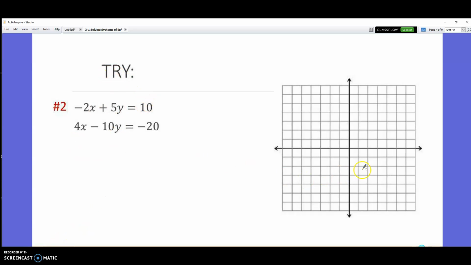Okay, if you did this one correctly, then when you graphed your lines, they would have been the exact same line, which means that there are infinitely many solutions. If you didn't know that graphing the same line means there are infinitely many solutions, now you do.